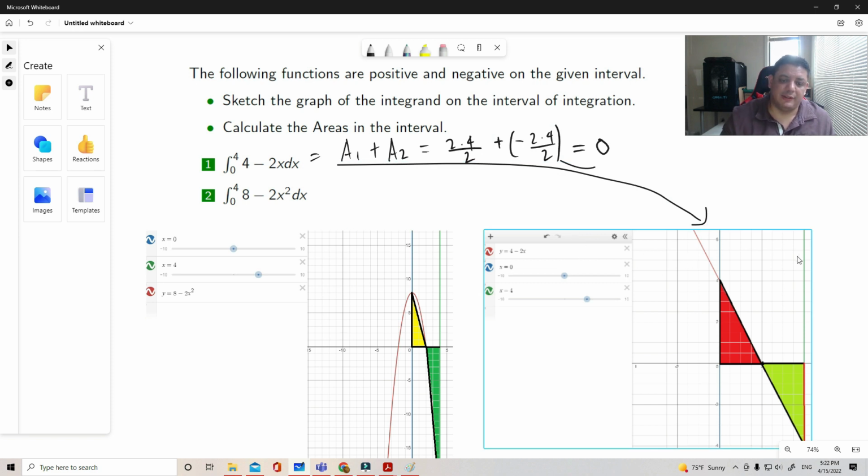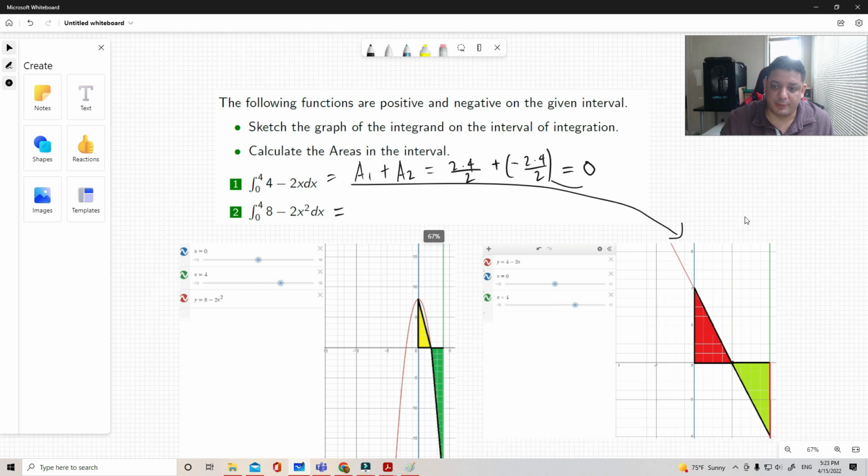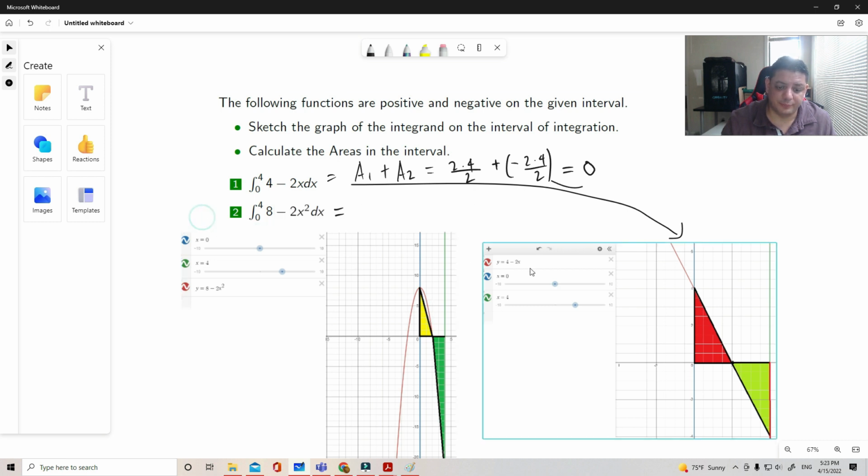In some cases, like the case of a minus 2x squared, we're not going to be so lucky that we can approximate with just squares or triangles. In this case, notice that I can approximate this figure with two big triangles, but there's a lot that is left to cover.